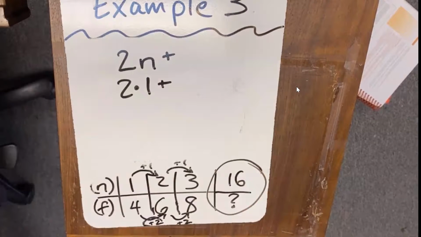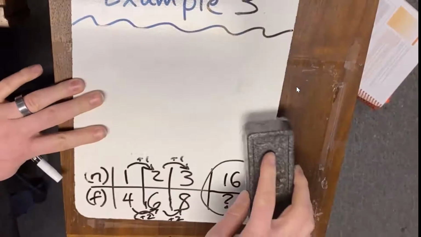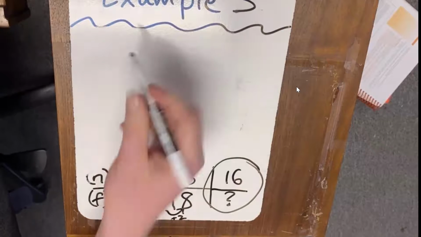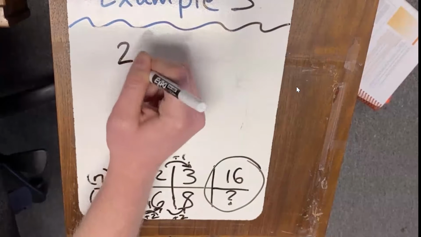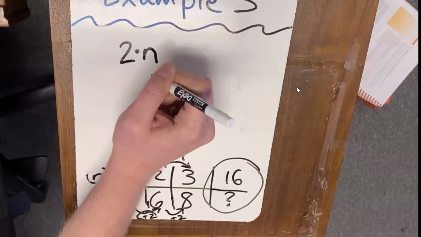Okay, so back to where we were. I'm just going to restart this explanation here. In our chart, we have an increase of 2, so our common difference is +2. So our common difference is going to be 2 times n.